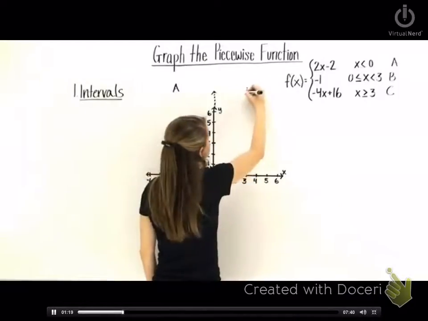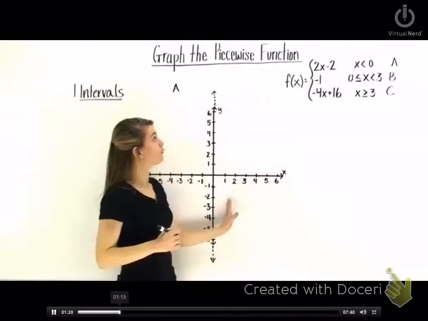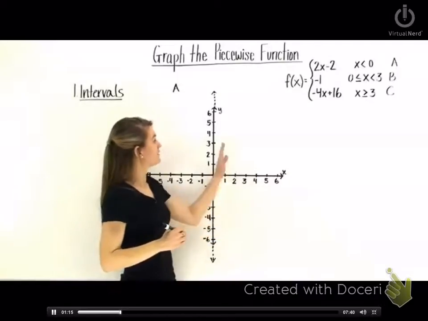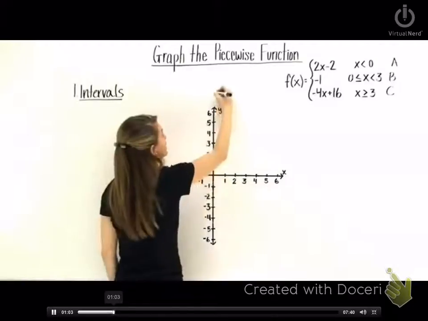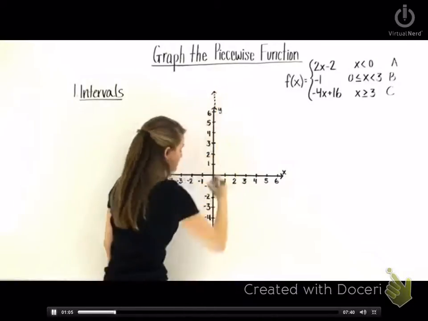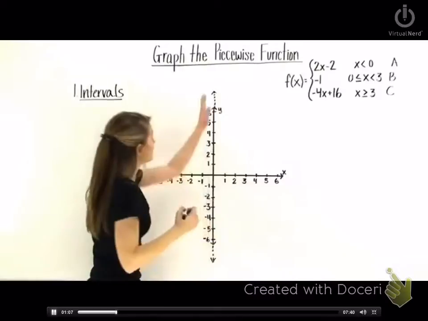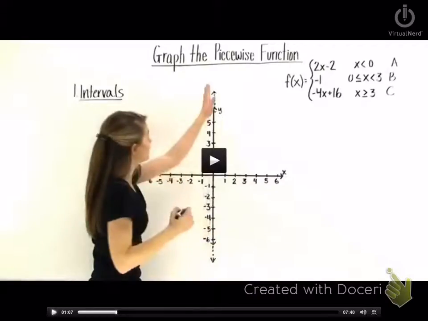Hold on. Do you guys understand why it's interval A? No. Interval B is x greater than or equal to... Interval A is x less than 0. So, here. Look at this. My x is everything less than 0 on the x-axis, which is here.